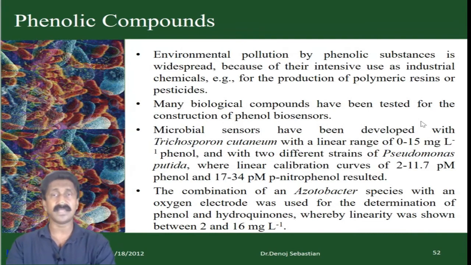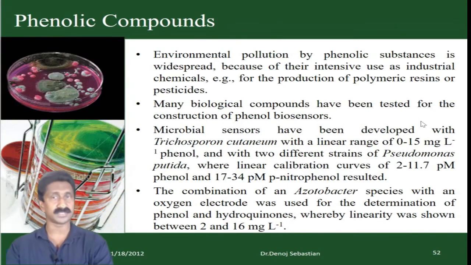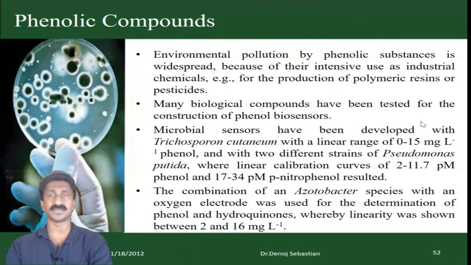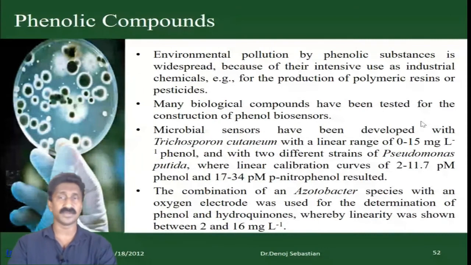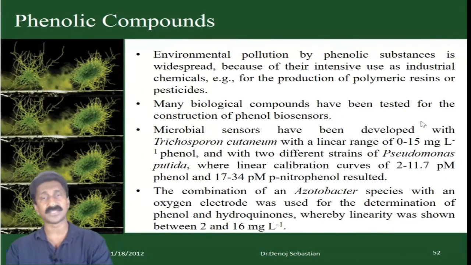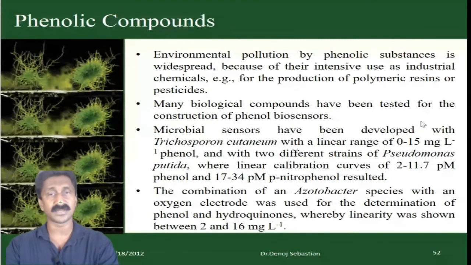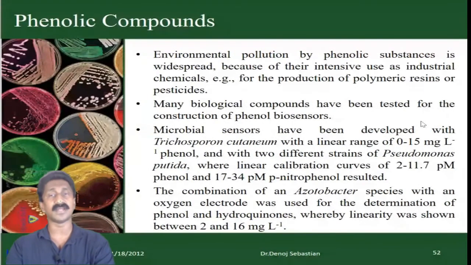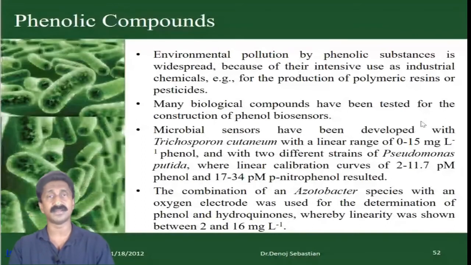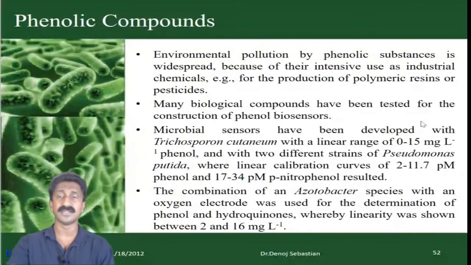So there are various systems for phenolic compound detection. A Trichosporon cutaneum based system is there. Pseudomonas putida, two systems for phenol and paranitrophenol. Both systems are there. Then an Acetobacter based system for detection of phenol and hydroquinones is there. And these are all good systems for detection of different phenolic compounds.